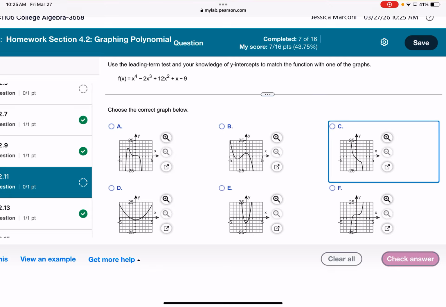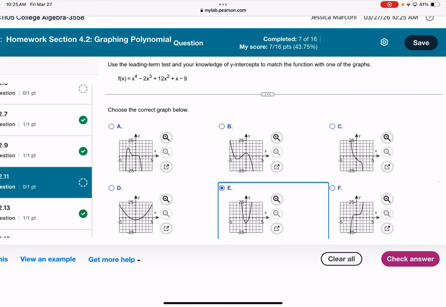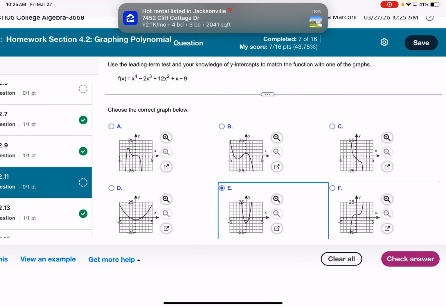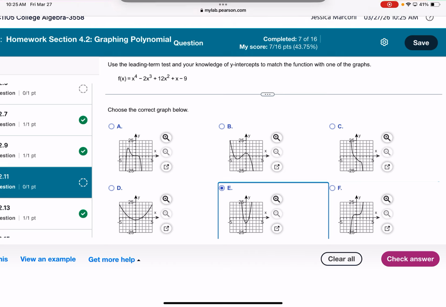So that narrows it down to which two? E or D. Because even degree means they are going in the same direction at the ends. Positive coefficient means that they're both going up. So it's either E or D. That's what matches that description.